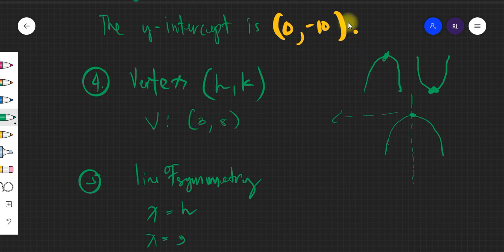So now, using these 5 important features of the parabola, let us try to sketch the graph.